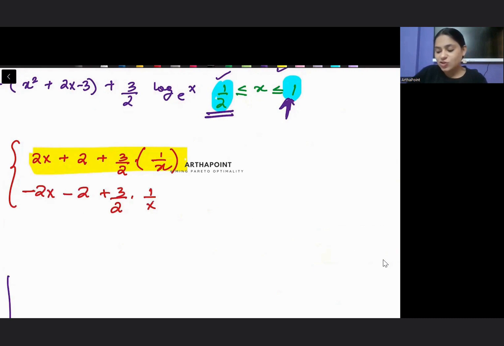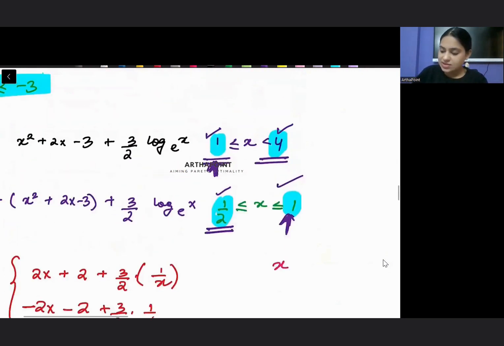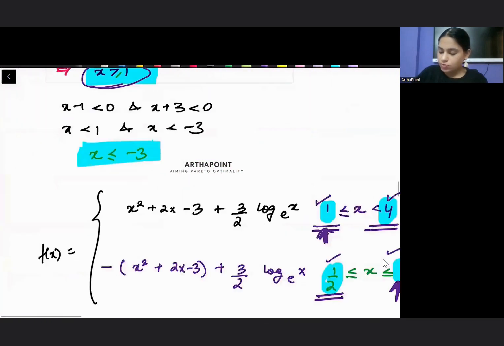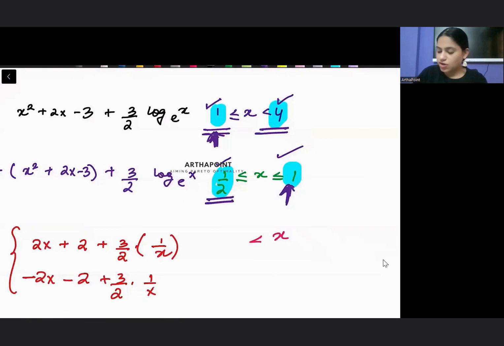This is my f dash x when x is between 1 to 4, and this is my f dash x when x is between half to 1.